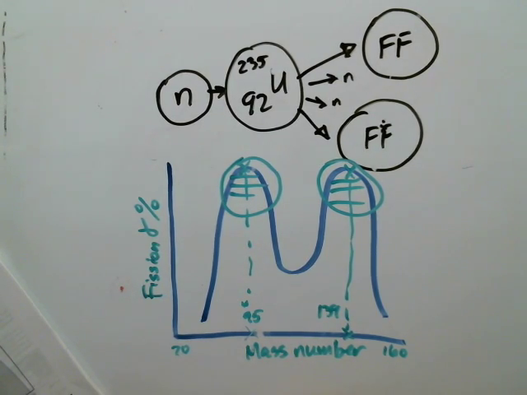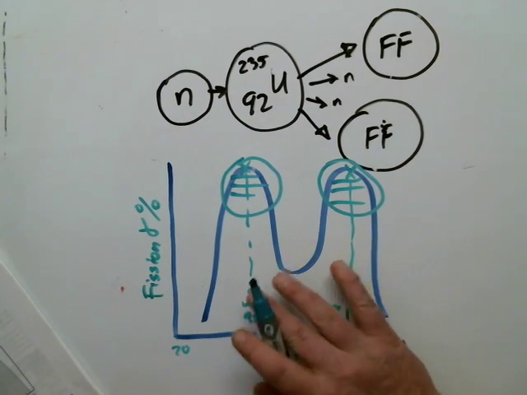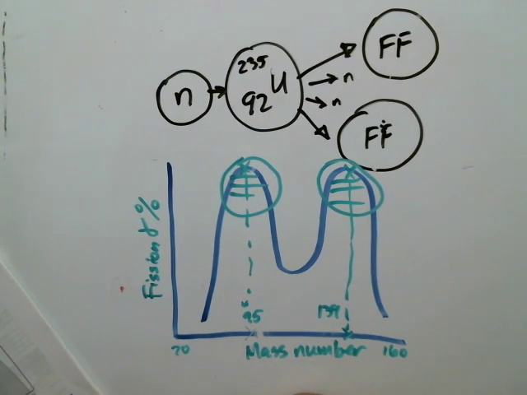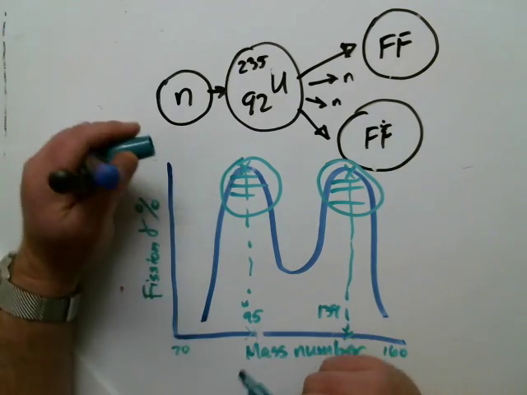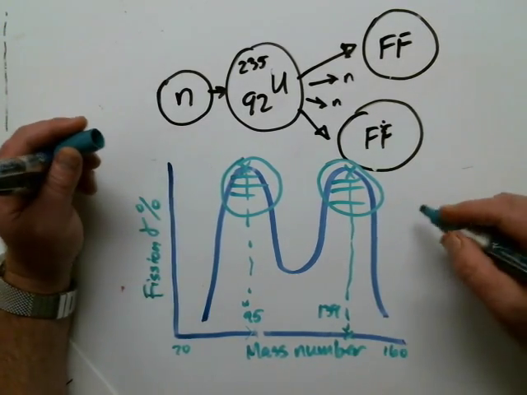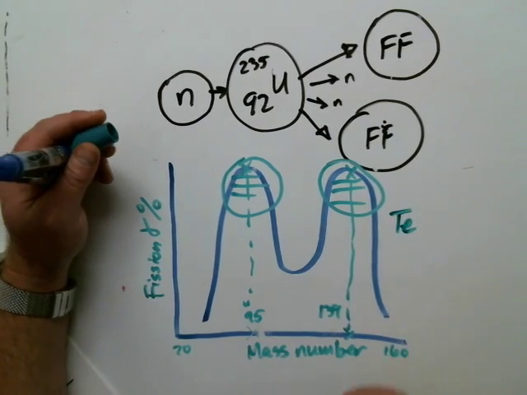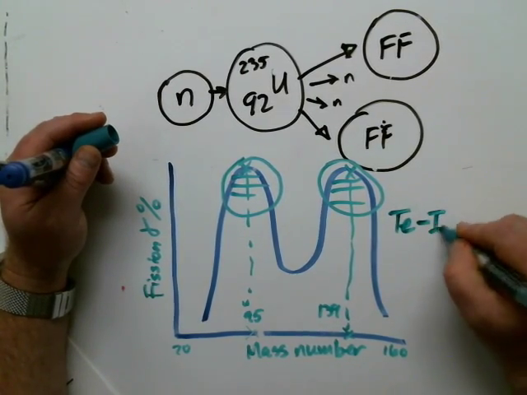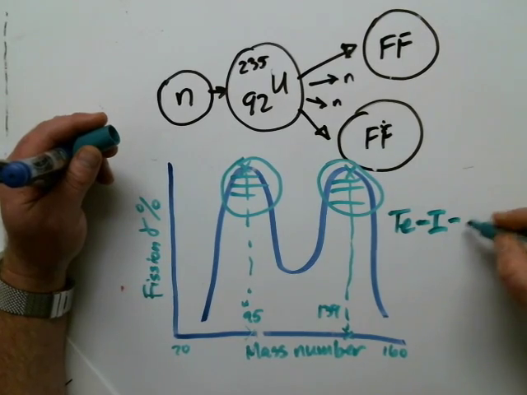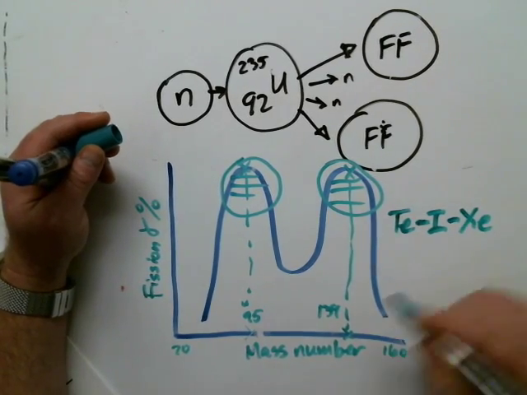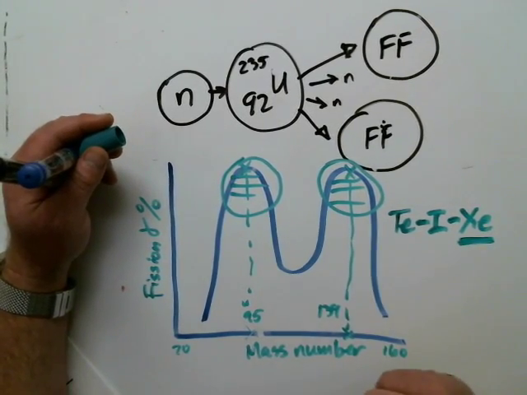So this is going to be very important. We're going to find out that some very important fission fragments cause some operational concerns. One of the most important is going to be tellurium, which decays to iodine, which decays to xenon. And xenon is a huge operational concern.